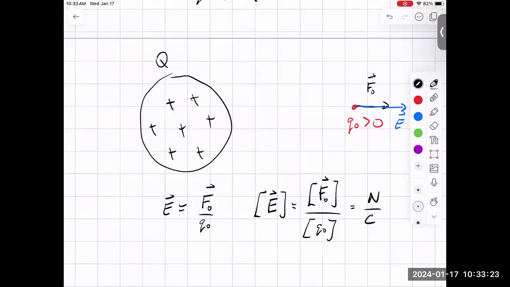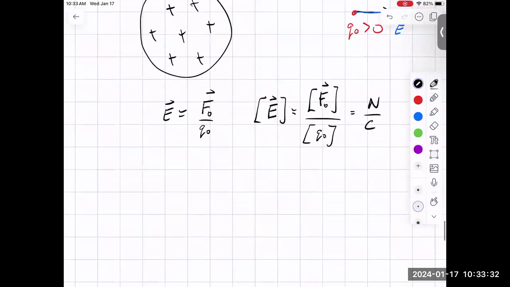And we're going to make use of what we know about the interaction between 2 point charges, Coulomb's law. We'll combine those two things and see what happens. Okay. So what we're interested in now is the electric field due to a point charge.